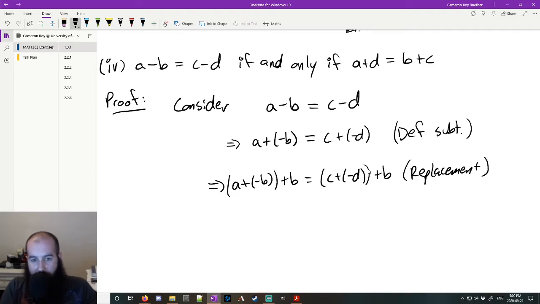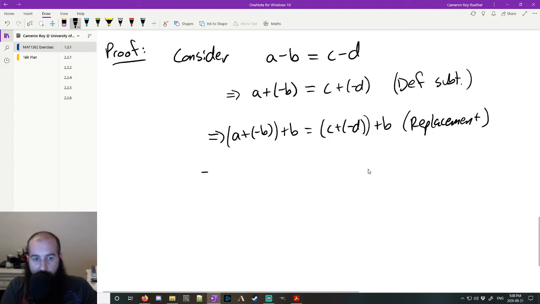The replacement here is that we know A plus negative B is equal to C plus negative D, so we're replacing A plus negative B with C plus negative D over here. Now there'll be some steps of associativity, just on the left-hand side.